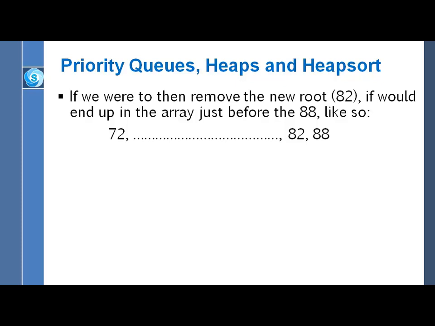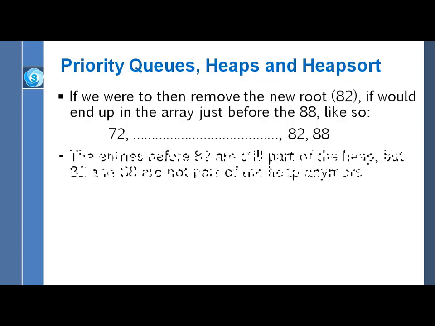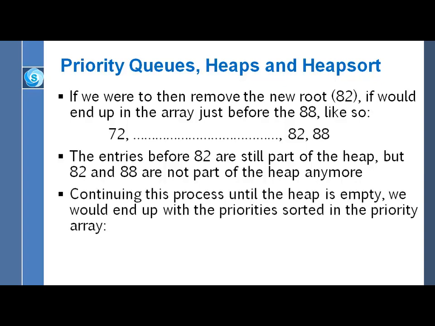Let's do another extraction. So now the priority 72, which is the priority of the root, will get swapped and put into the position just before 82. If we continue to extract from the top of the heap until the heap is empty, okay, well, these priority numbers will not disappear.